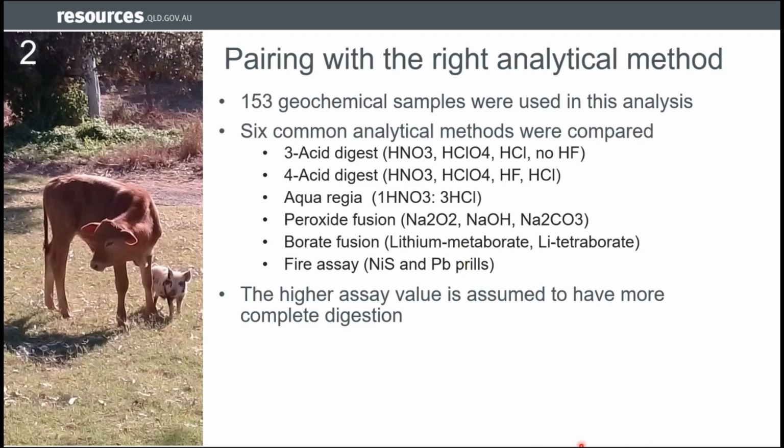What I've done is I look at the higher value in that sample to assume that that's more complete digestion. And so I normalize, yes, divide for every sample the chemistry to the highest value. And the peroxide and borate fusion ones generally have a much higher value.